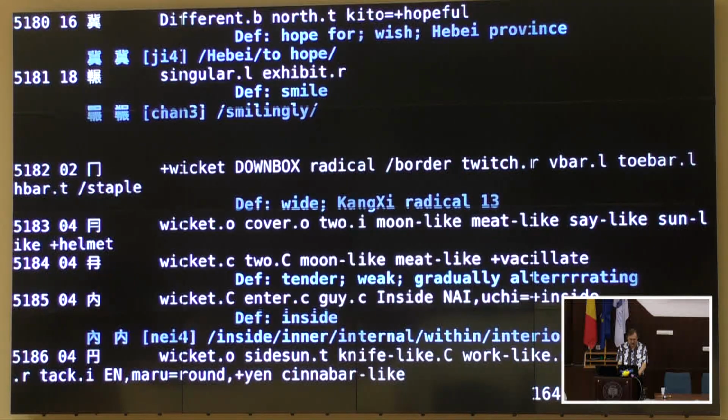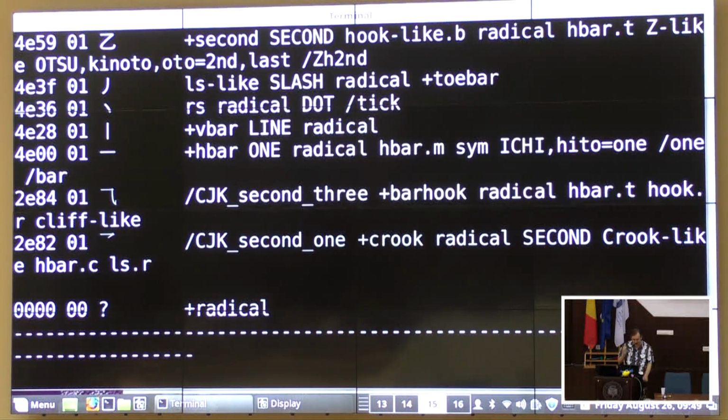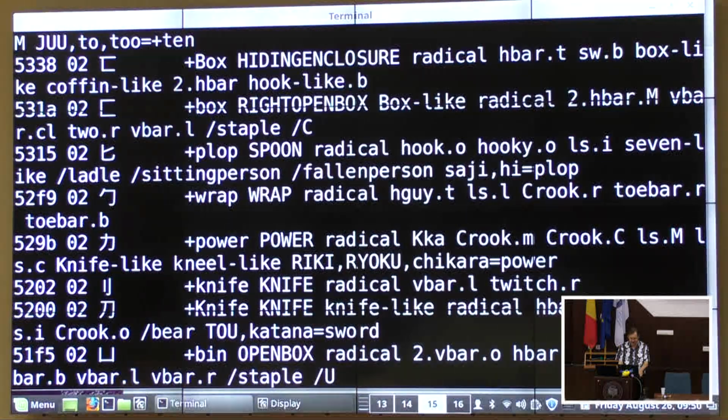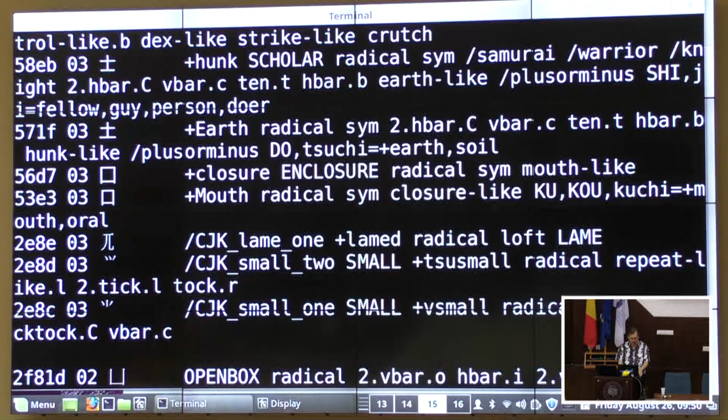There's 8. So if I just scan for radical, I get lots and lots of radicals. See, there's the earth and the hunk. I call it hunk because it's the symbol of virility. They call it scholar. I suppose some scholars are hunks.